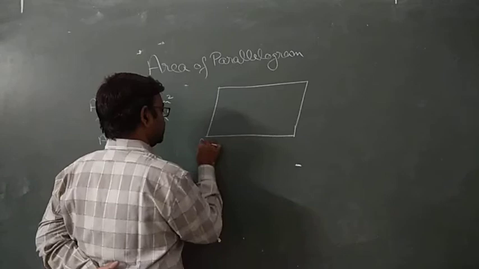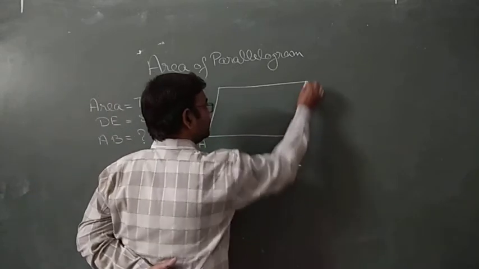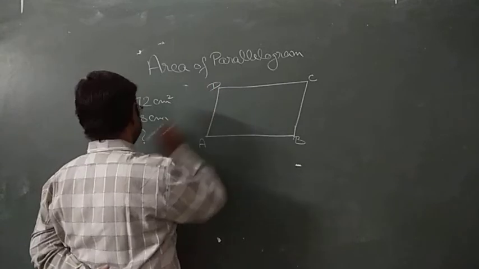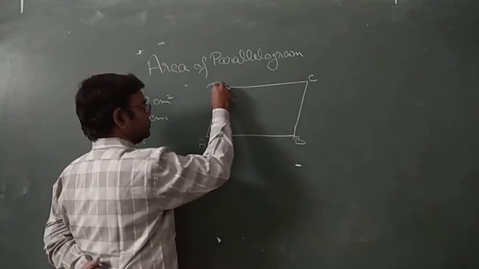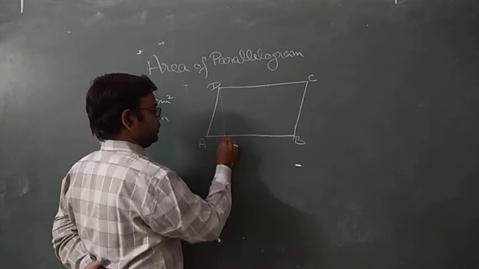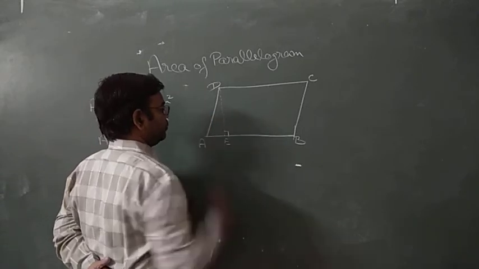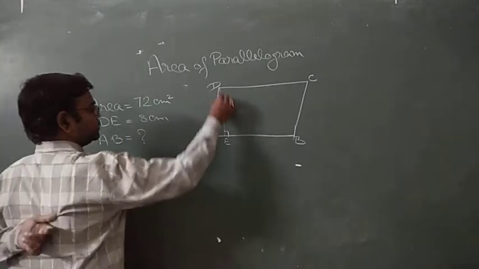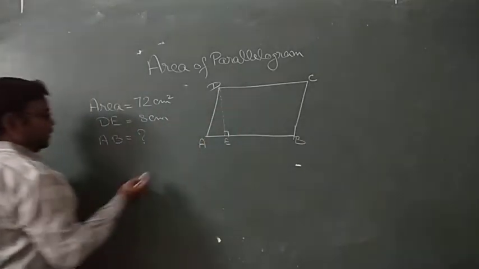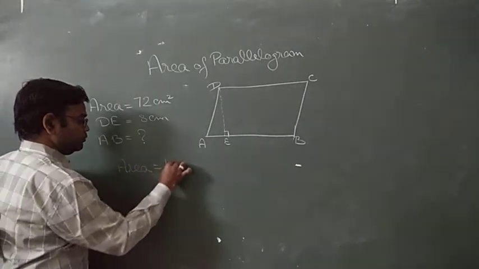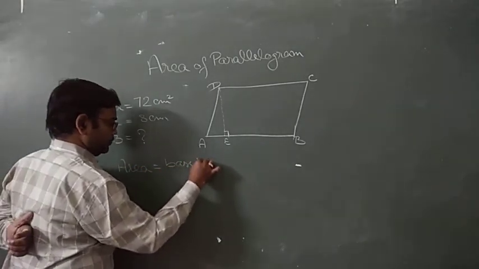Clear? It's A, B, C, D. And where is E? E must be where the perpendicular drops, this perpendicular distance. Clear? We have this whole area and all these things. As we know from the formula, area equals base into height.